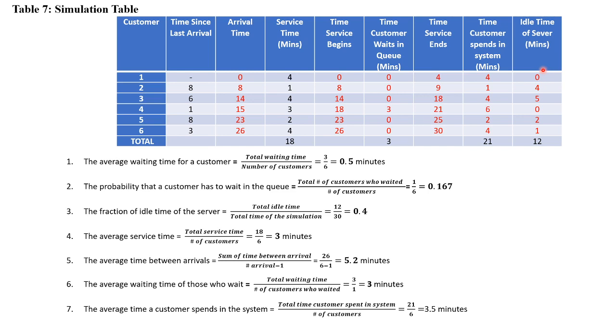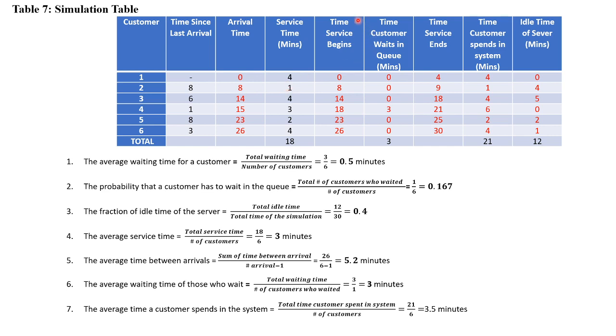Okay, now let's go to the second one. Customer 2 arrived at the system 8 minutes after customer 1 arrived. So the arrival time for customer 2 is 8. The service time is 1, which we have determined already.